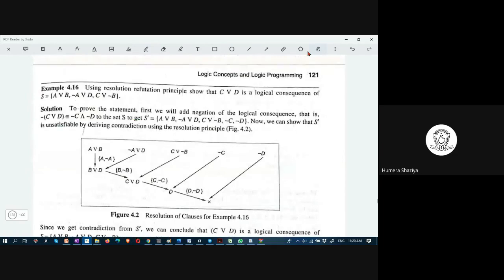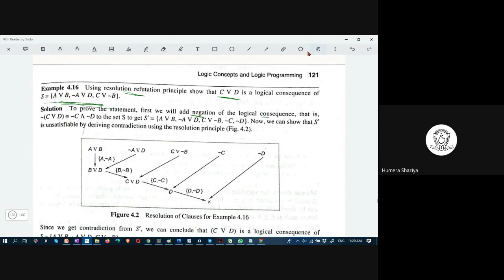Using the resolution refutation principle, show that C or D is a logical consequence of this. How can we show that this is a logical consequence of this set? To prove this statement, first the negation has to be added to the logical consequence, because this is proved by contradiction.